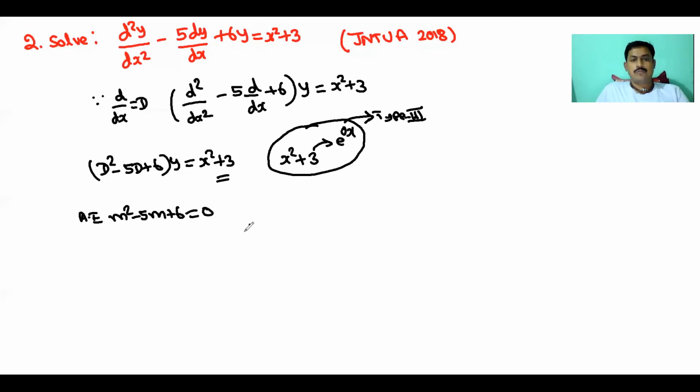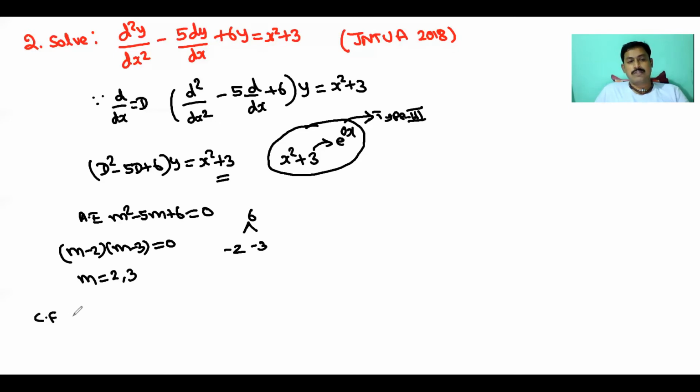If you find the factors, if you multiply, you should get 6, and if you add, you should get minus 5. Therefore, you get (m minus 2) into (m minus 3) equal to 0 as the factors of the given equation. From this, we can find the roots are m equal to 2, 3.